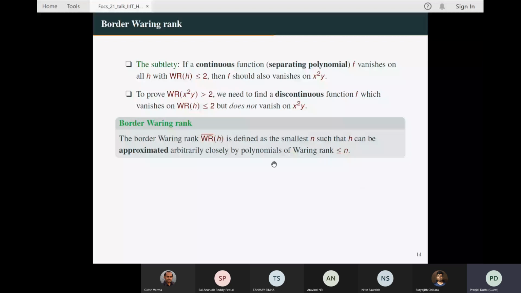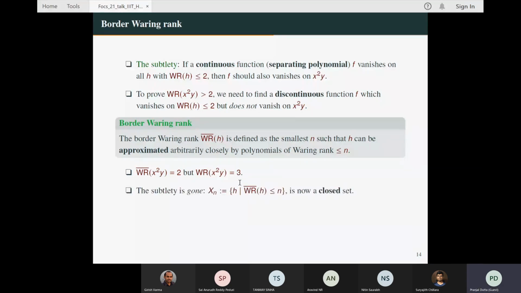For example, x square y has border Waring rank 2, because if you remember, I defined this h epsilon polynomial. h epsilon has Waring rank 2, and h epsilon approximates h, because h epsilon tends to h when epsilon tends to 0. So we say that the border Waring rank of x square y is 2, but its Waring rank is 3.